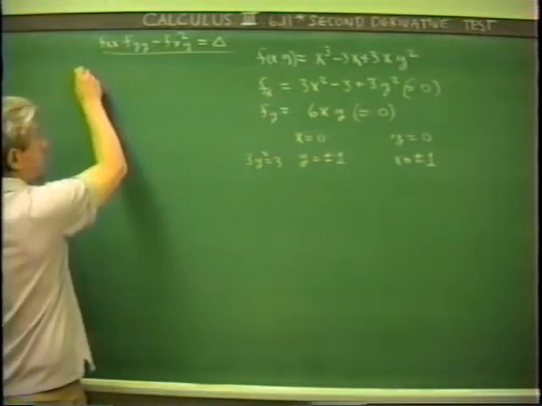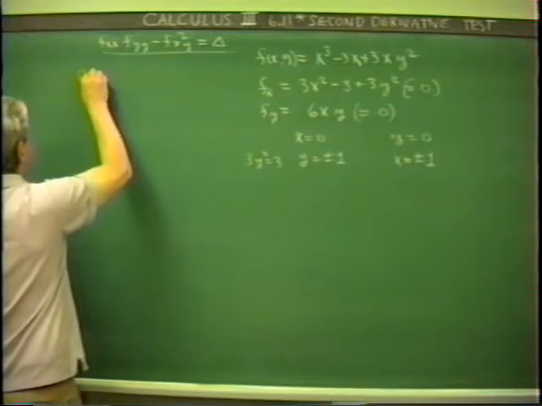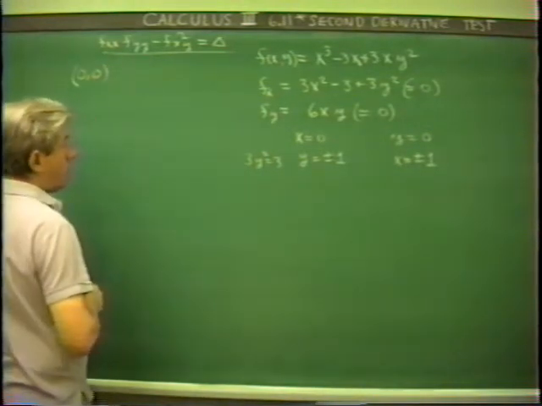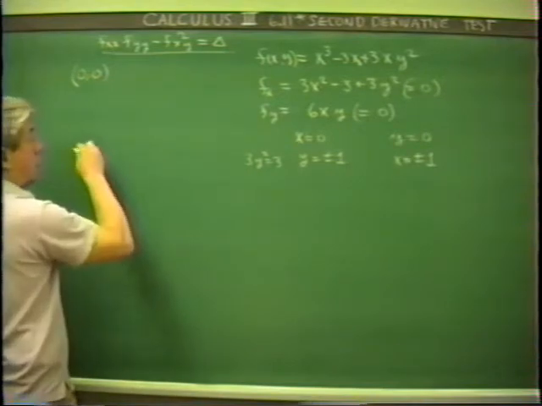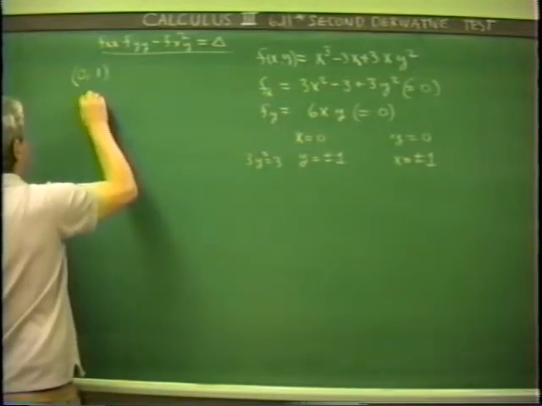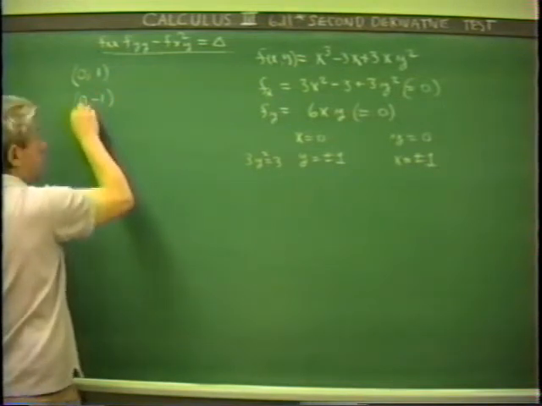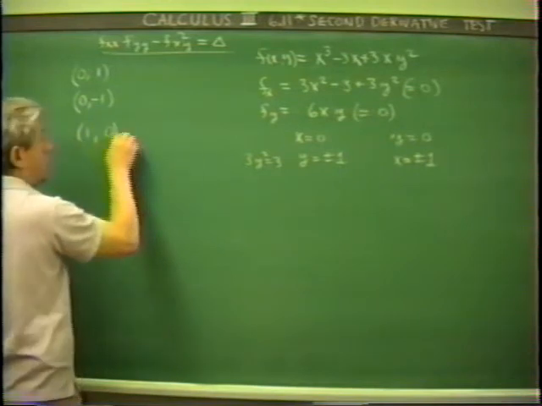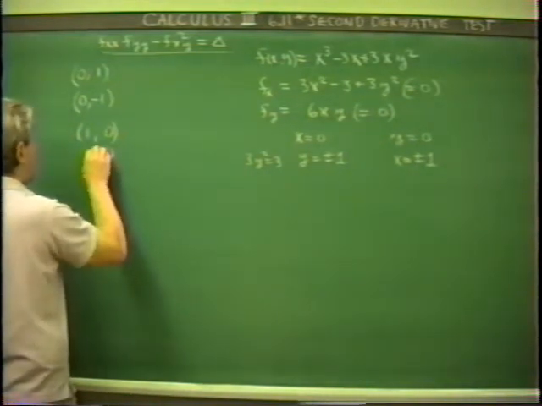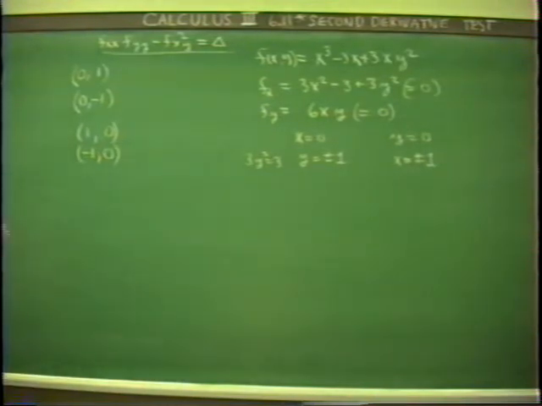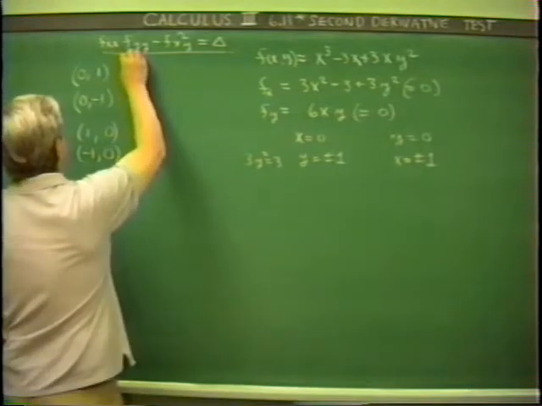So this gives us 4 candidates for local maxima and minima, namely x is 0, y is 0; x is 0, y is 1; x is 0, y is minus 1; y is 0, x is 1; and y is equal to 0, x is minus 1.